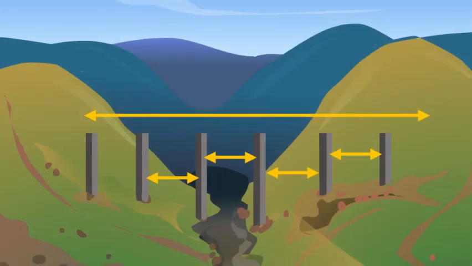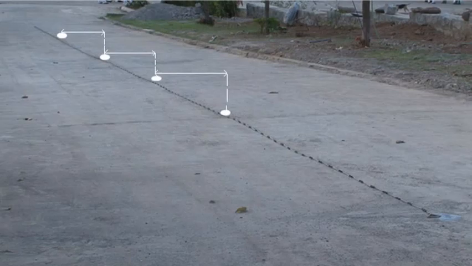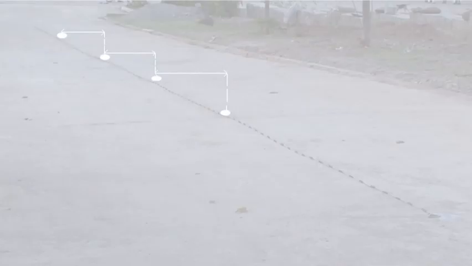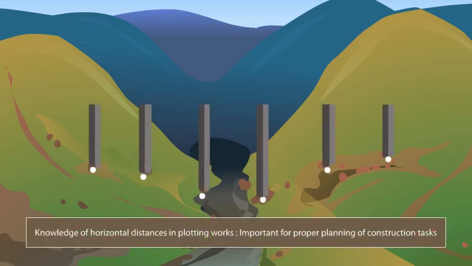In this module, you have learned the importance of horizontal distance in plotting works, the two methods for getting the horizontal distance on sloping grounds, and how to determine the horizontal distance using the two methods. Prior knowledge of horizontal distances in plotting works is important for proper planning of construction tasks.